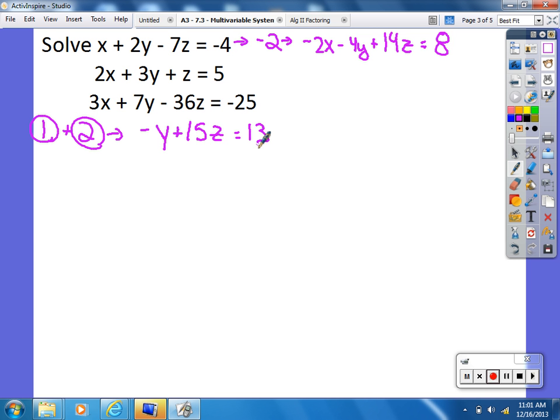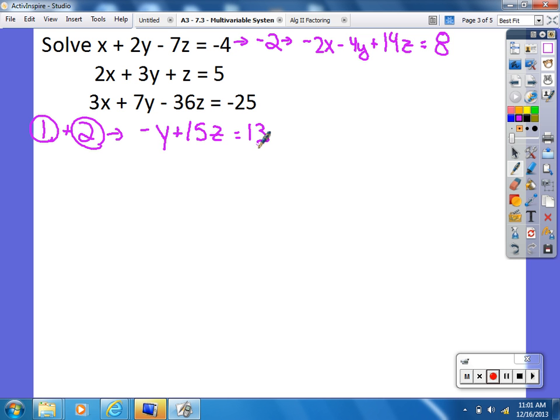1 and 3 or equations 2 and 3. What would you like to do? Why 1 and 3? If I do 2 and 3, I have to multiply both 2 and 3. But if I do 1 and 3, I only have to multiply equation 1.